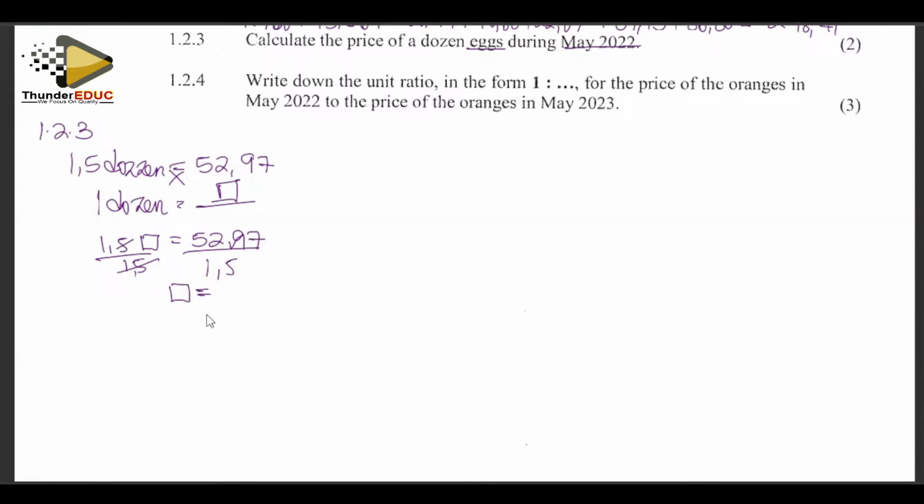So 52.97 divided by 1.5. So here the answer became 35 rands, 35 rands at 1 cent.